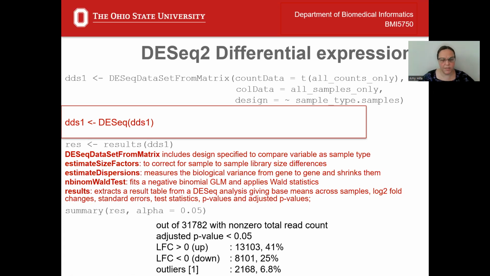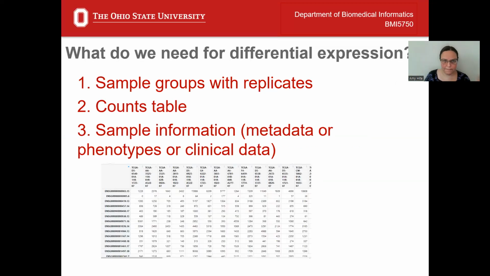We have groups that are very different, and we get a lot of genes that are differentially expressed at this adjusted p-value less than 0.05. 41% have a positive fold change and meet that 0.05 cutoff level, and 25% have a negative fold change and meet that adjusted p-value cutoff level. So we're getting a lot of genes differentially expressed in this data set.